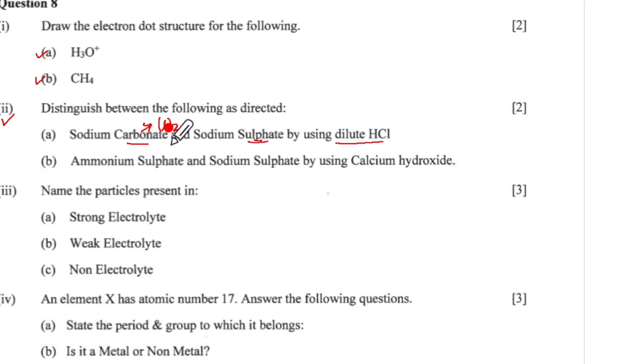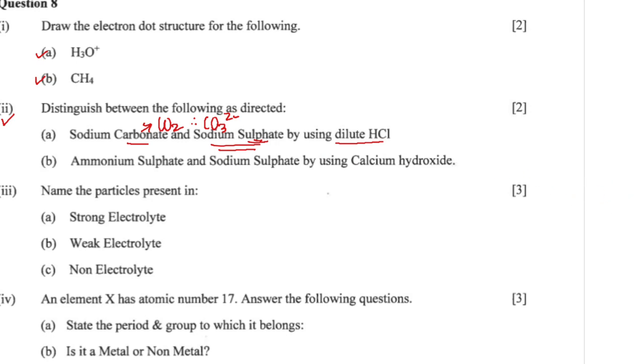So we'll say that if there is brisk effervescence of colorless, odorless CO2 gas, which turns lime water milky, but has no effect on acidified potassium dichromate, then it is CO2 gas. Therefore, we will say CO3 carbonate radical is present, therefore sodium carbonate present. And under this we will say if there is no reaction, then sodium sulfate present.